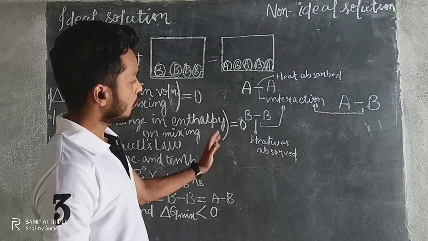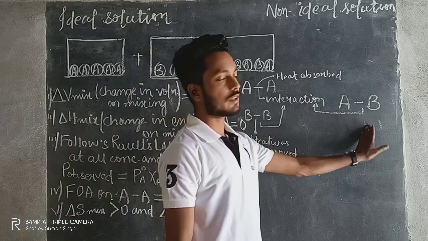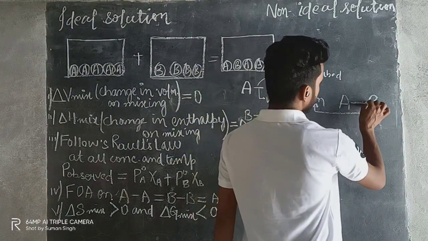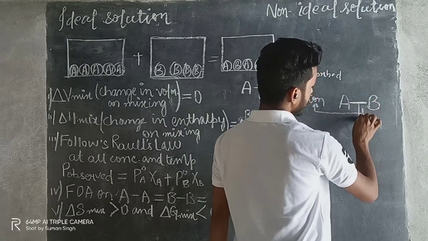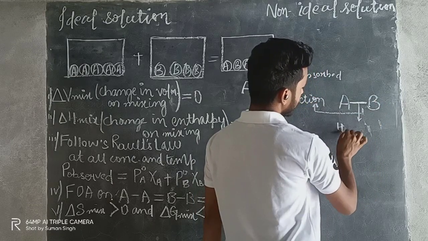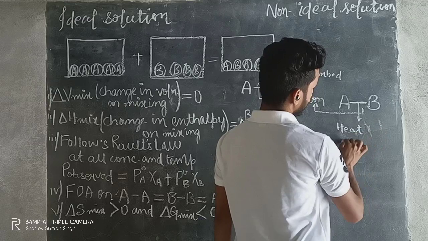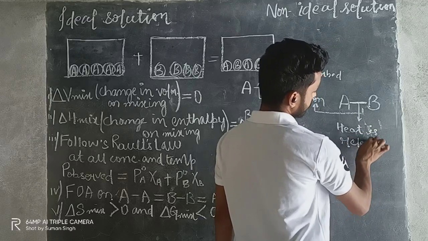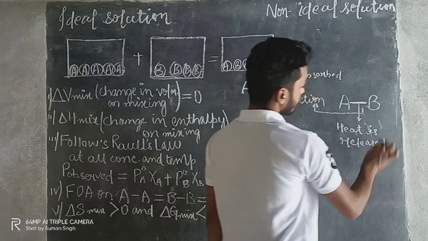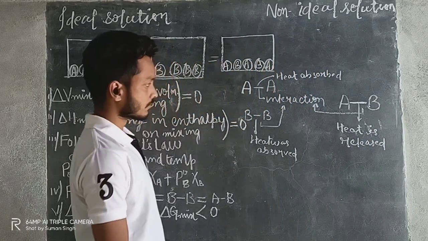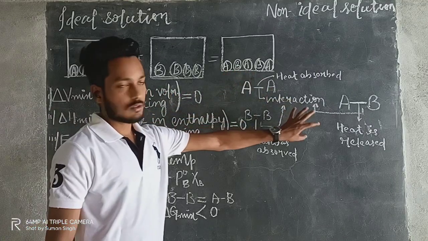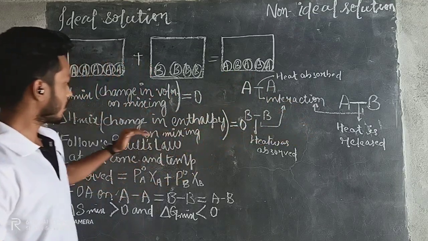Now when we have mixed both A and B, during the formation of AB, heat is released, okay. Now this was some idea about this. We will talk about this again when we talk about enthalpy.